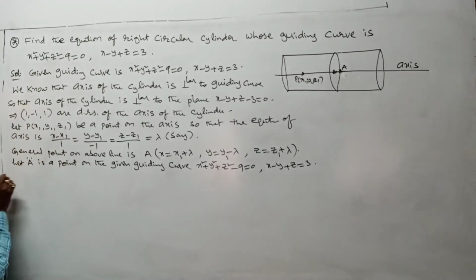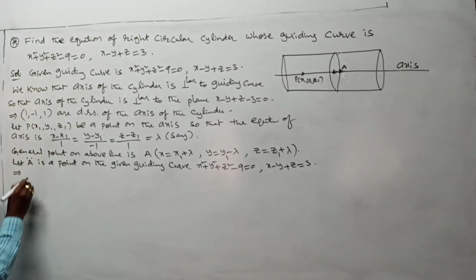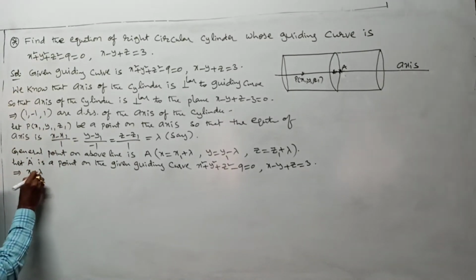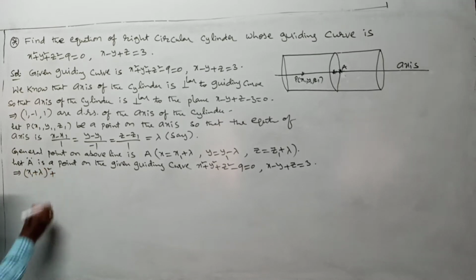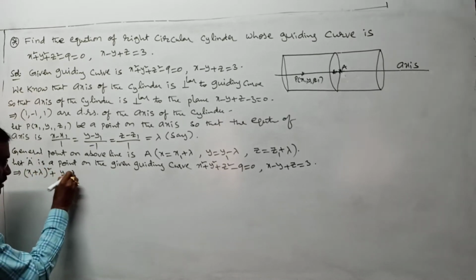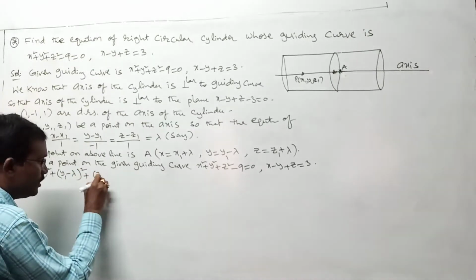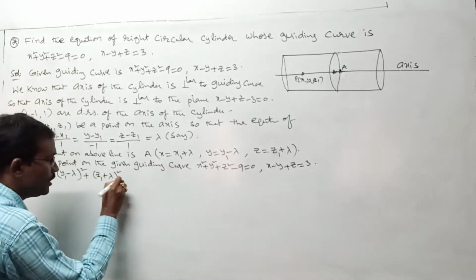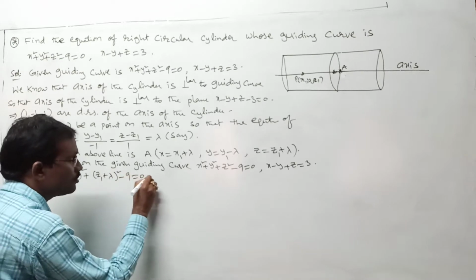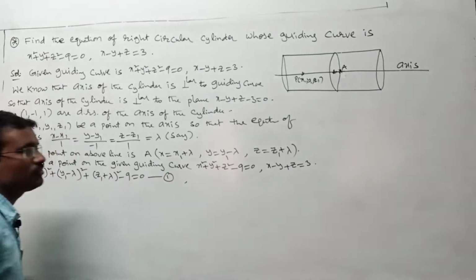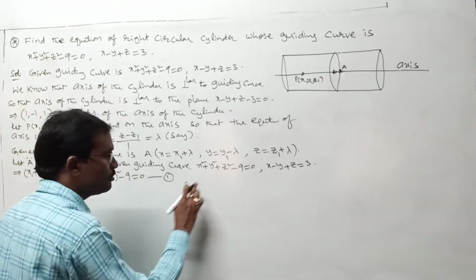That implies, substitute that point A: x1 plus lambda whole square plus y1 minus lambda whole square plus z1 plus lambda whole square minus 9 equal to 0. Let us consider this as equation number 1, and go to the next.